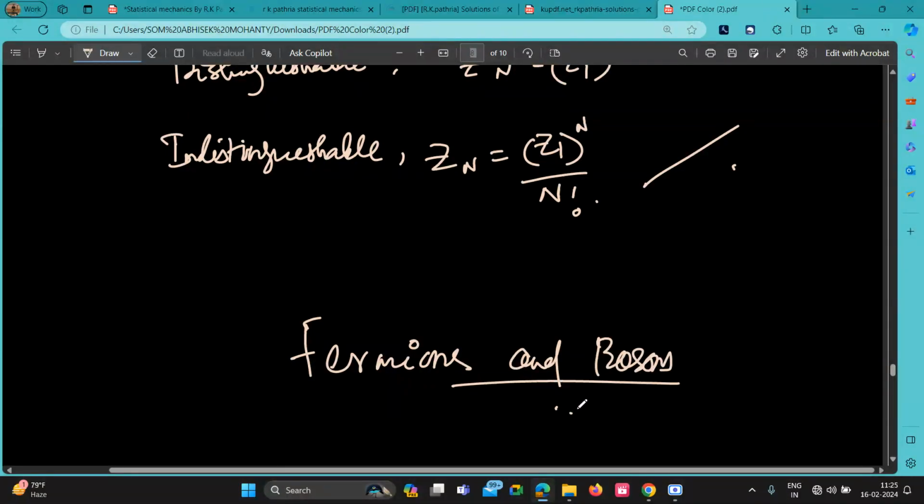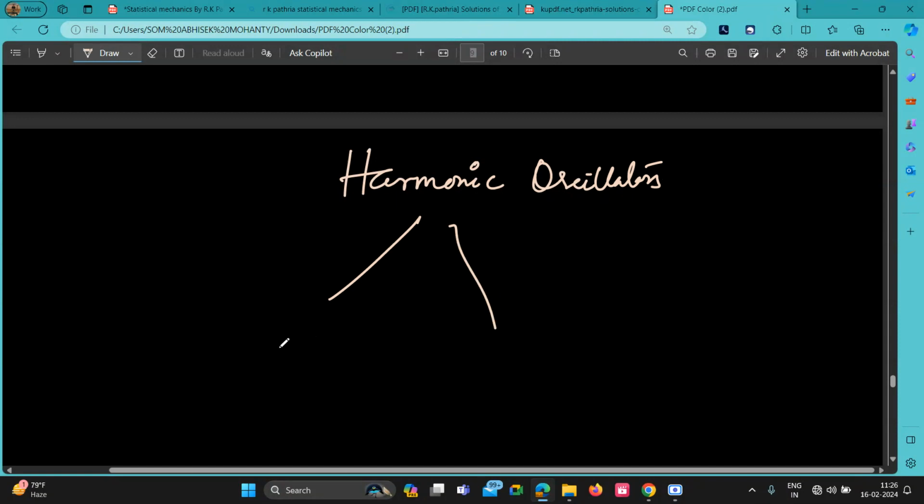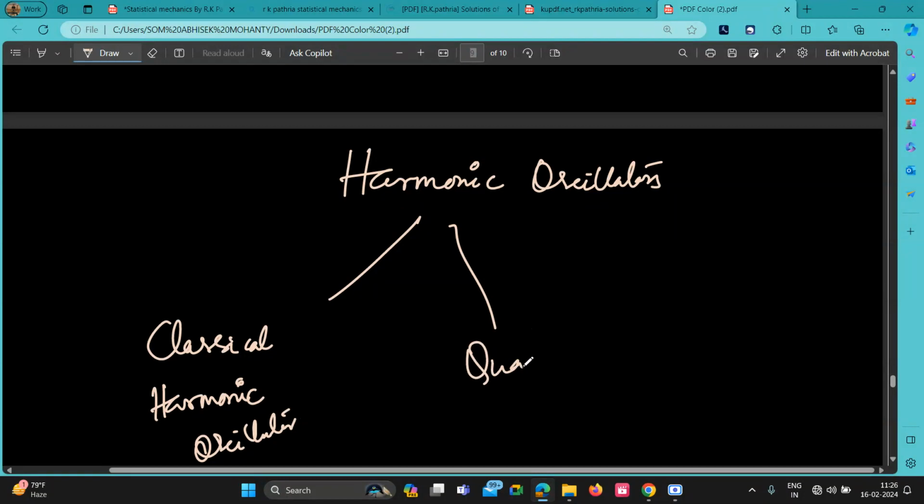In the next session, we will be discussing harmonic oscillators. Harmonic oscillators are of two types: classical harmonic oscillator and quantum harmonic oscillator.